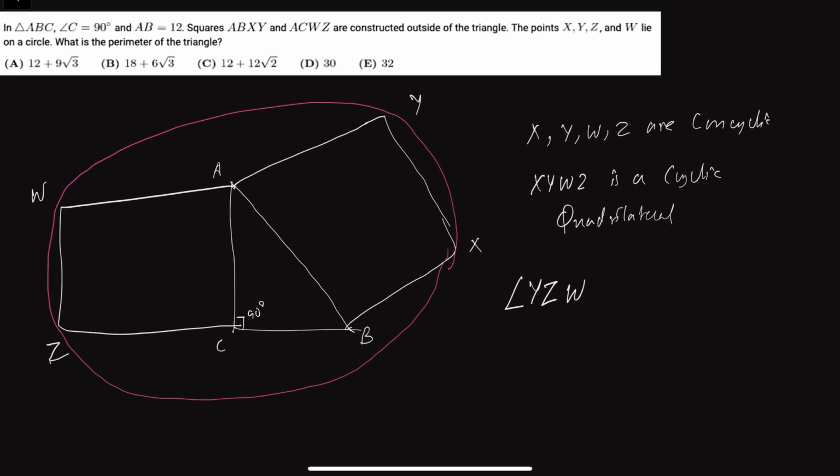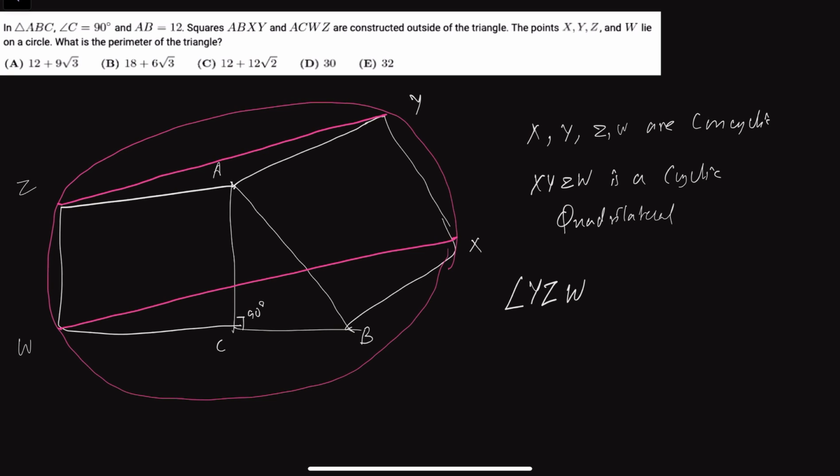So if I join X and Z, ACWZ is given in the question, XYZW is a cyclic quadrilateral.